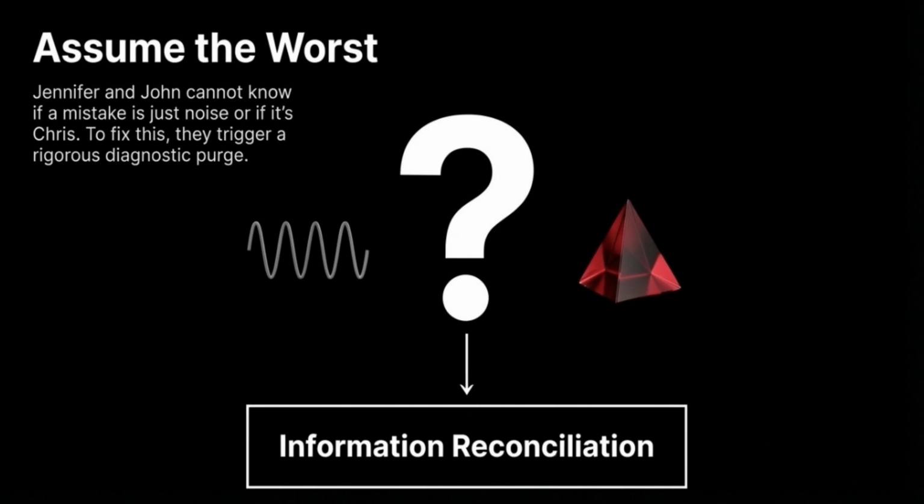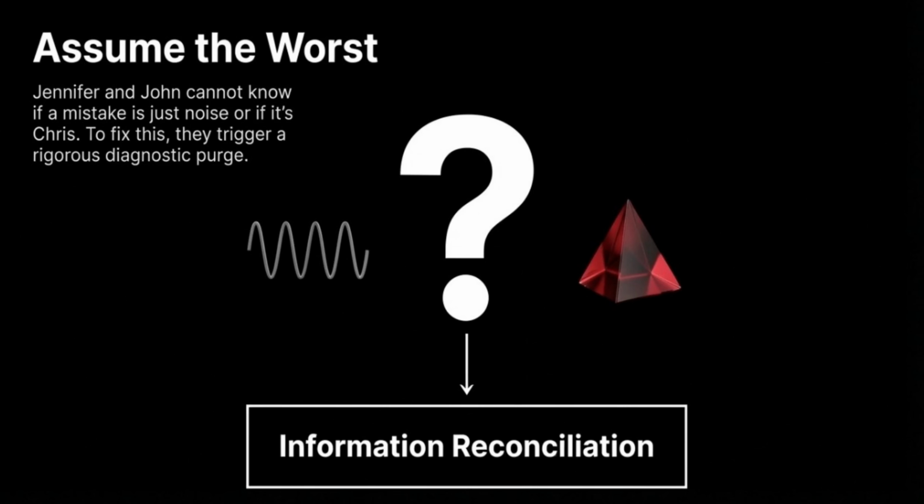Because they cannot distinguish between the two, Jennifer and John follow the ultimate security mandate: assume the worst. They treat every single discrepancy as a sign of intrusion. To resolve this, they trigger a rigorous diagnostic purge known as information reconciliation. This isn't just a simple search and replace function.